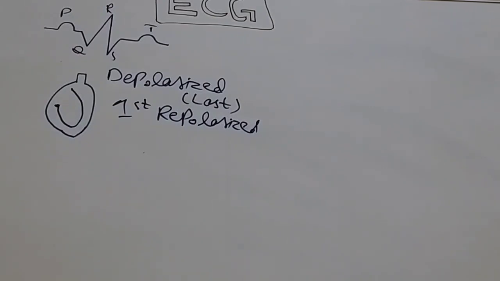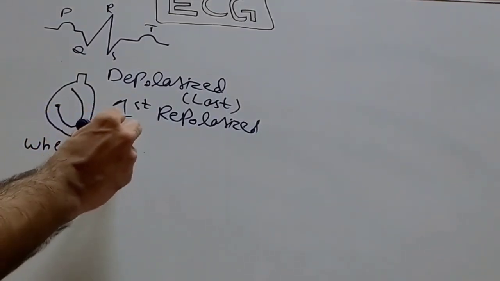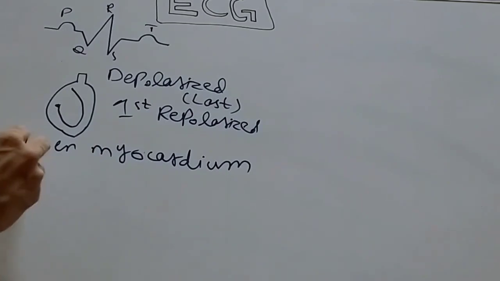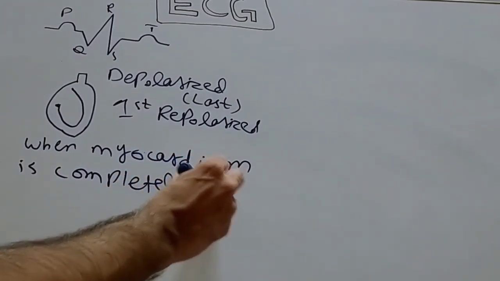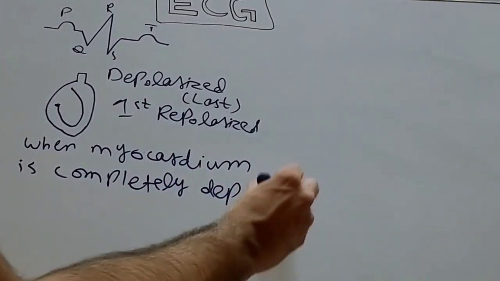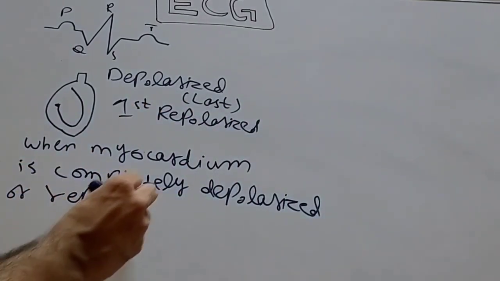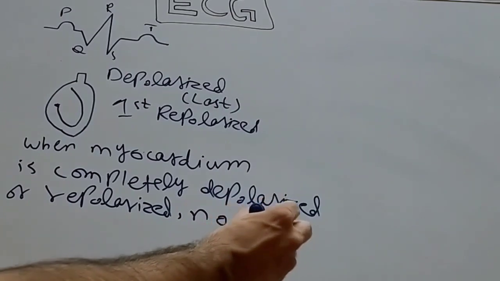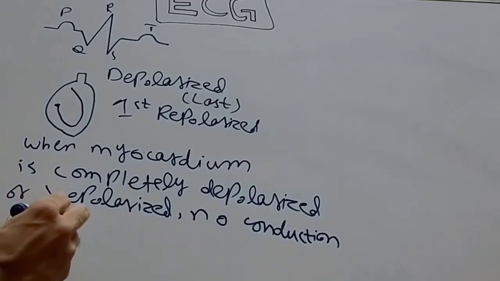But before discussing the segments and interval, I want to give you very important information that when myocardium is completely depolarized or repolarized, during this no electrical conduction occurs, action potential do not flow.